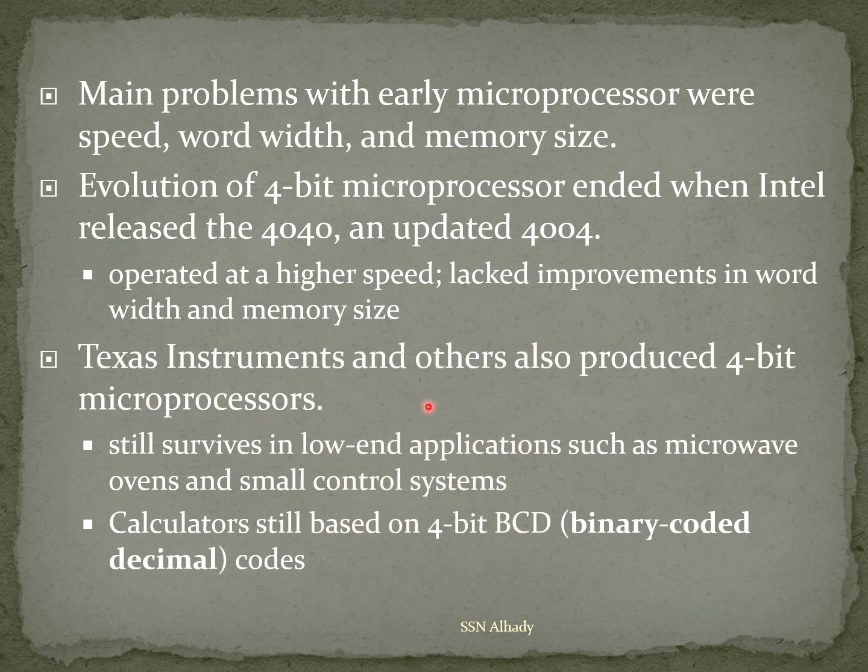Texas Instruments and others also produced a 4-bit microprocessor at the same time. It still survives in low-end applications, for example a microwave oven and small control systems. Calculators are still based on 4-bit BCD, binary coded decimal code.